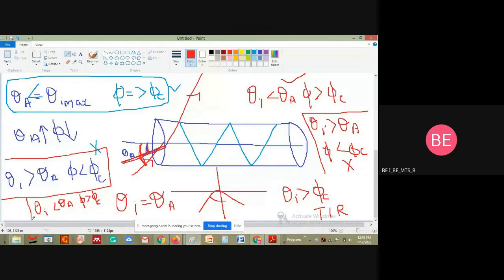This is the condition for total internal reflection. And if theta I is equal to theta A, what happens? Could somebody give me an answer for this question? When theta I is equal to theta A, what happens?